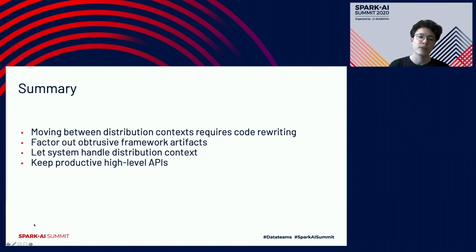And then we're able to do all the complexities with our framework outside of the scope of this Python code, and let the system handle the complexities for you and the distribution context. By doing so, we're able to keep these high-level productive APIs that we've been working so hard for, which will hopefully lead to better models and faster iteration on our machine learning model development.